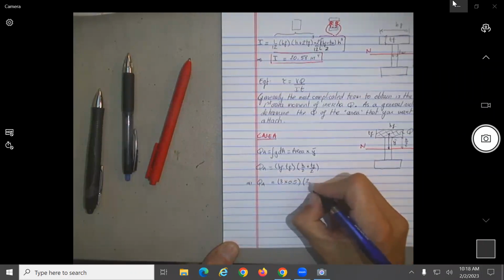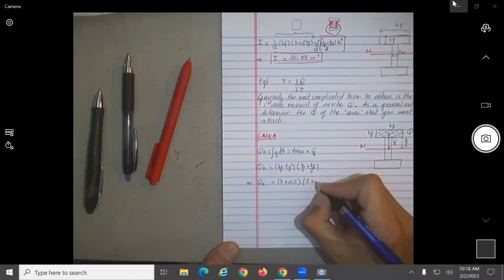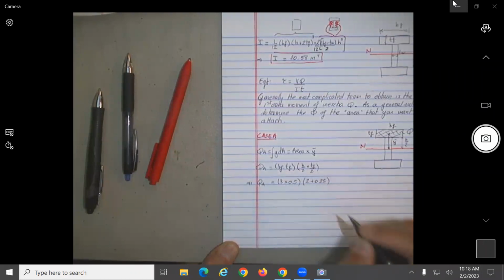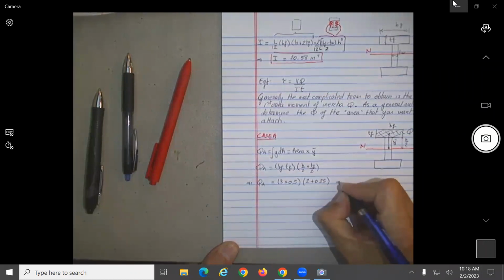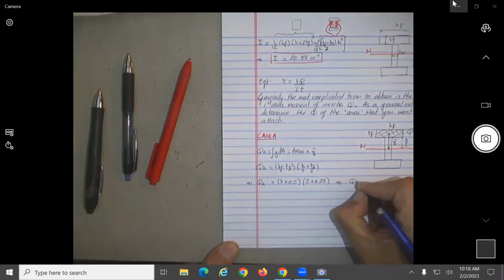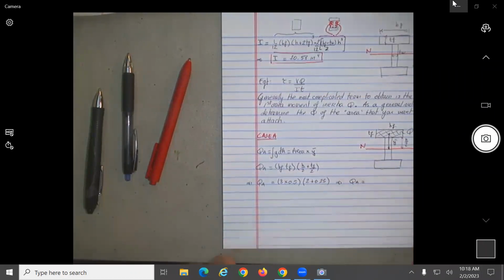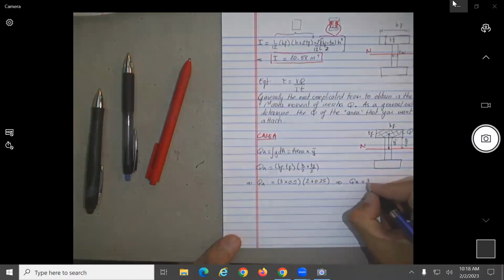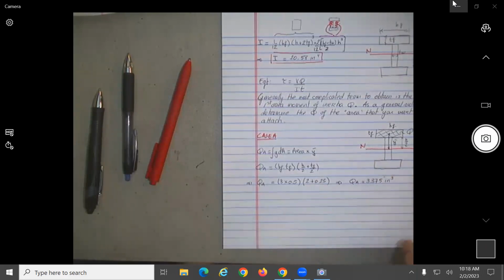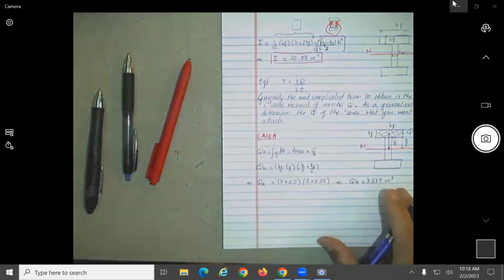Yes: 2 plus half an inch divided by 2, plus 0.25. If you do this calculation, Q sub A is equal to 3.375 cubic inch.